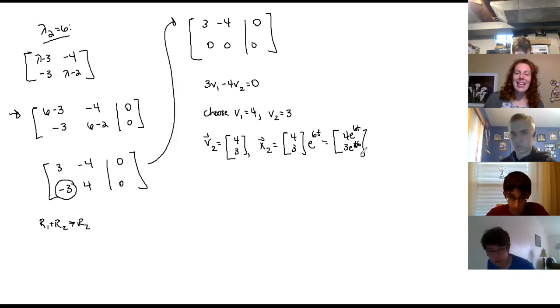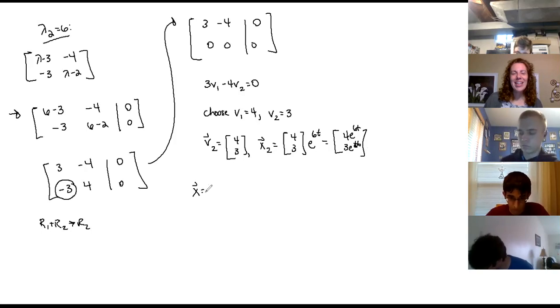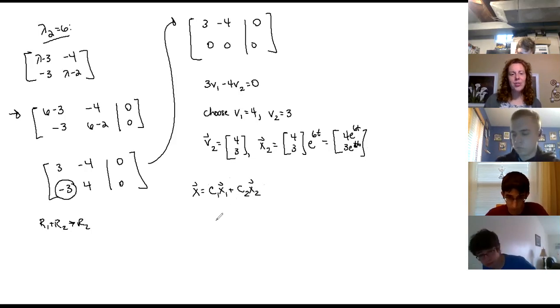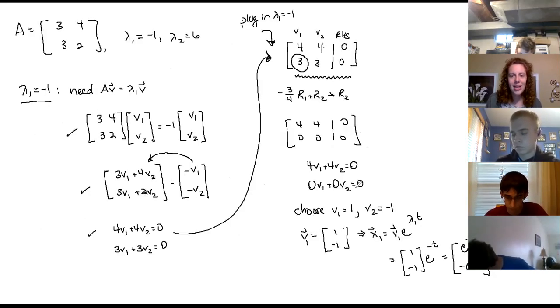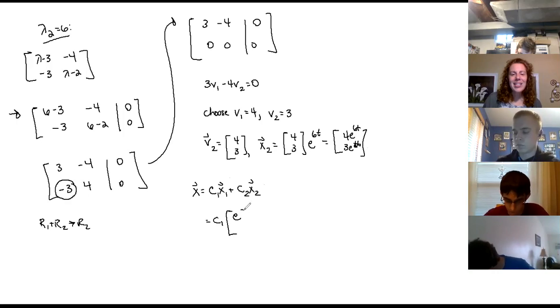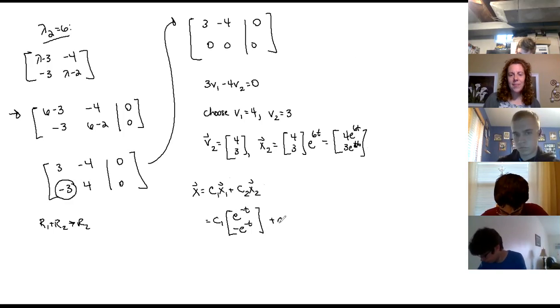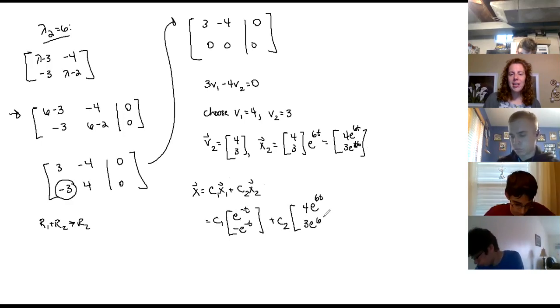Yay, final answer. So final answer, x is c1 vector x1 plus c2 vector x2. So this is going to be c1 times, sorry, going back a slide, e to the negative t, negative e to the negative t, plus c2 times 4e to the 6t, 3e to the 6t.